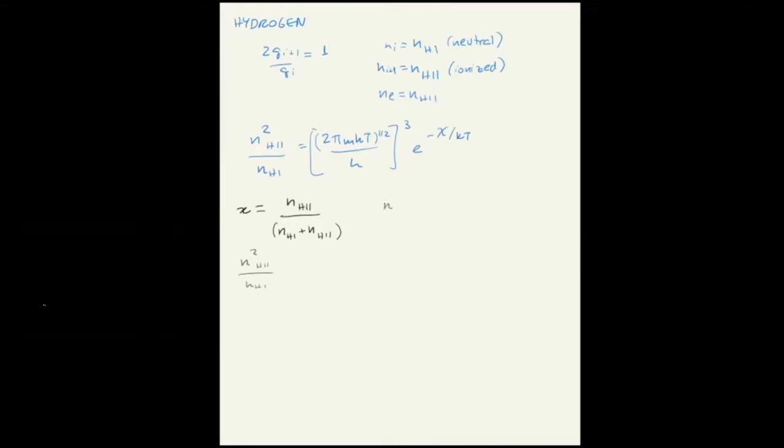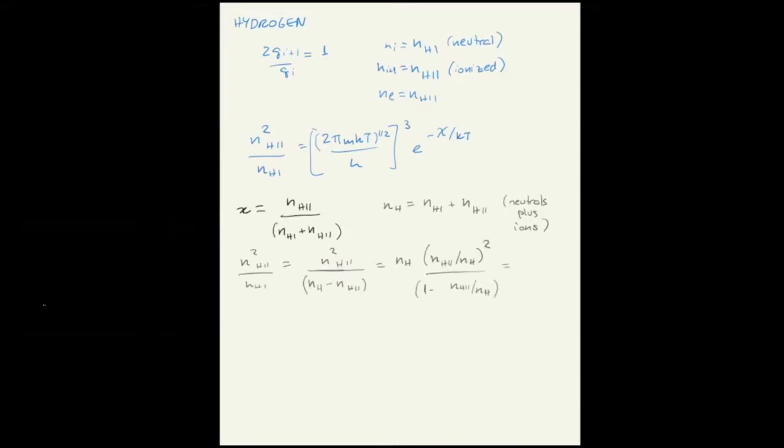If you define N_H as the total number of hydrogens, the number of neutrals and ions, then you can write the number of neutrals as the total number of hydrogen minus the number of ions. Now extract the number of hydrogen atoms so that everything is divided by it, and that is the ionization fraction in there.